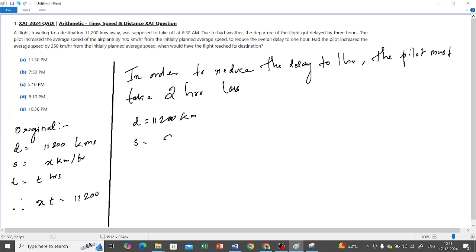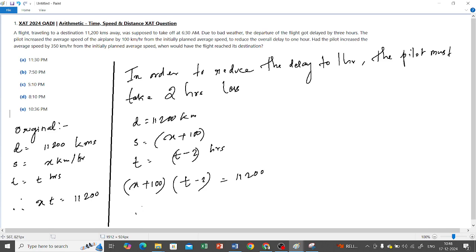x will be x plus 100, time will be 2 hours less, that means t minus 2, okay. So here also x plus 100 into t minus 2 is equal to 11200, okay.